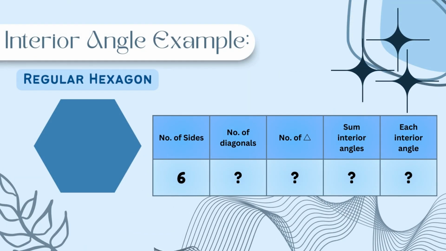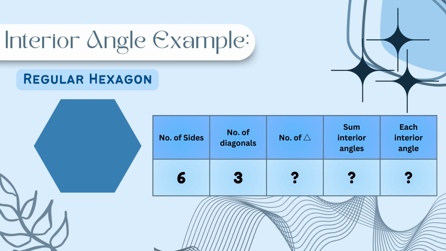In the next example, can you try to solve the following? A regular hexagon has 6 sides. How do we get the number of diagonals? That's right. We subtract 3 from 6 to get 3 diagonals. How about the number of triangles? Correct.